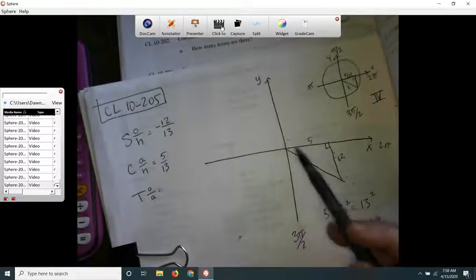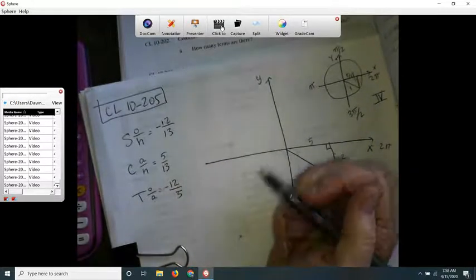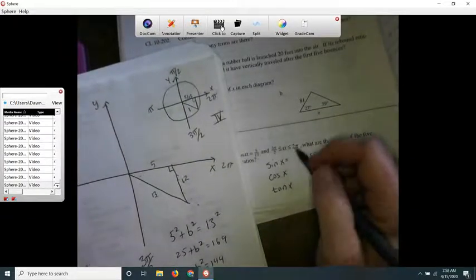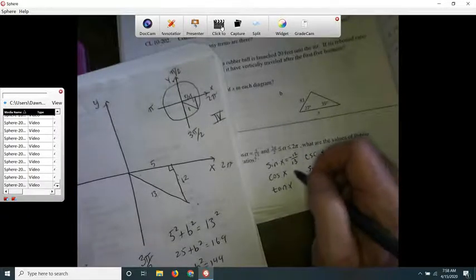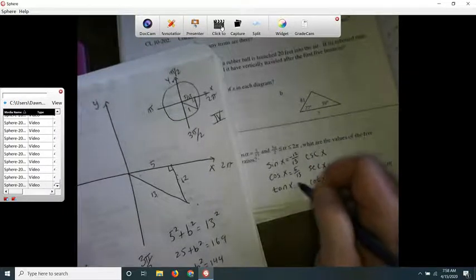And then I can fill those in, right? I've got negative 12 over 13 is sine. Cosine, we already knew, it was 5/13. Tangent was negative 12 over 5.